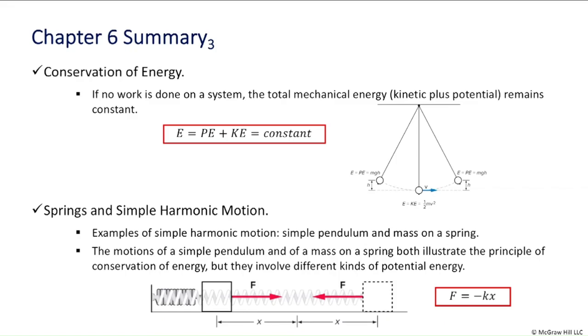There we discussed two types of harmonic motion, simple pendulum and mass on a spring. And in those two cases, it has those two types of potential energies. In simple pendulum, it has gravitational potential energy, and in spring system, the elastic potential energy is involved. Next, we discussed the restoring force, which is proportional to the distance of the object from its equilibrium. Remember Hooke's law.